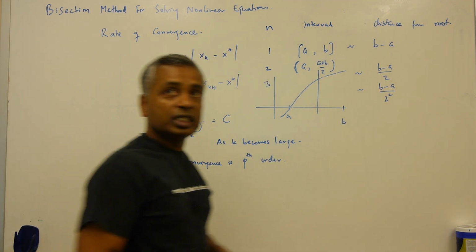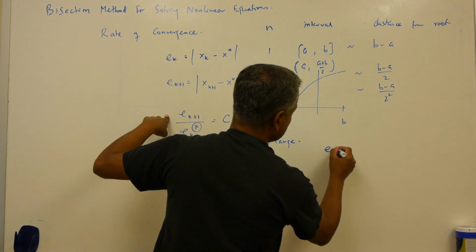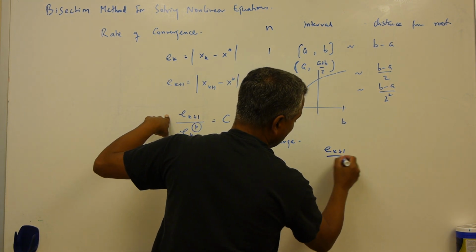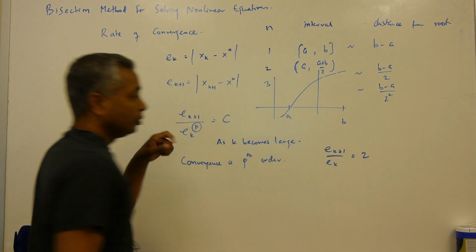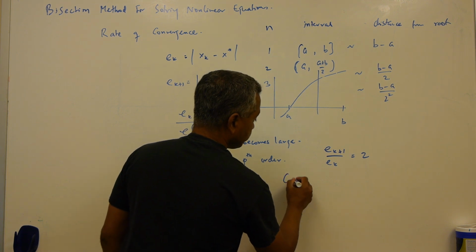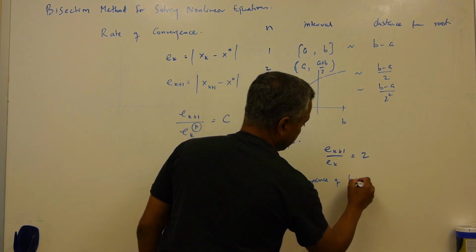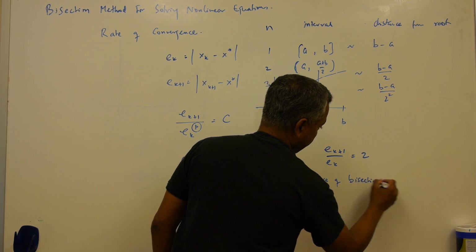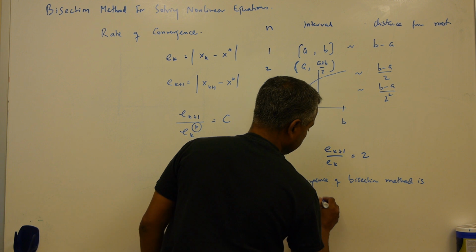So what this tells you is that ek plus 1 over ek is always 2. So this tells you that the convergence of the bisection method is linear.